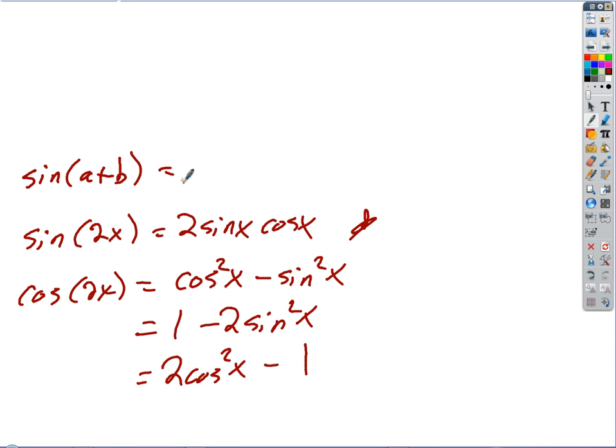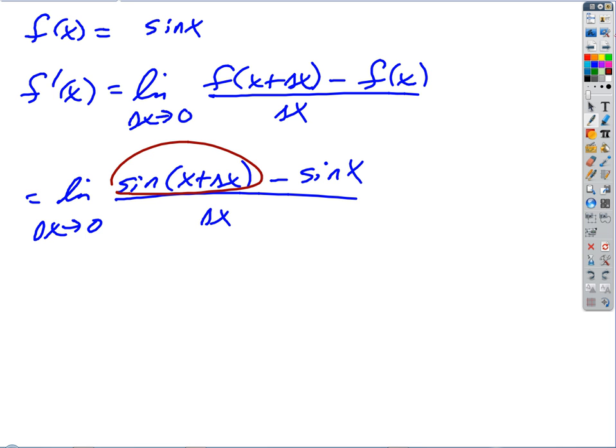To get that result, if a and b were the same, I would have sine a cosine b plus cosine a sine b. If a and b were both x, I would just get sine x cosine x plus sine x cosine x. That's how I remember that one, if that makes sense to you. If it doesn't, maybe you have a better way.